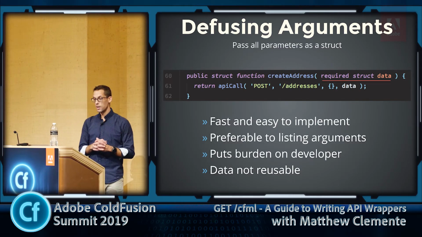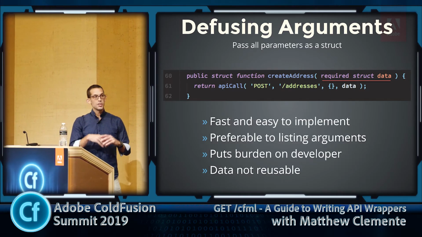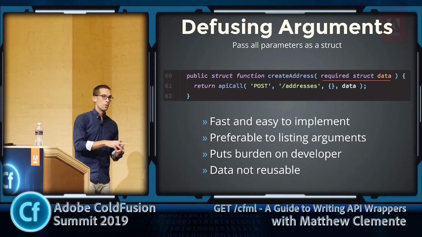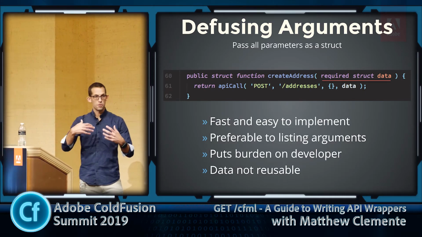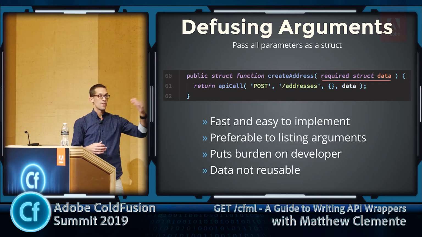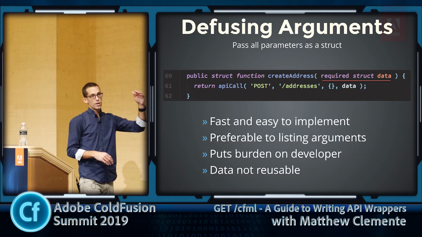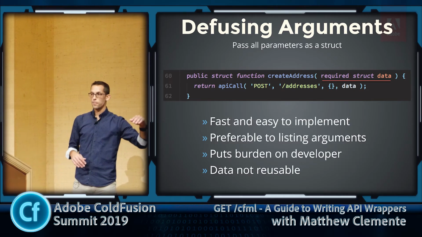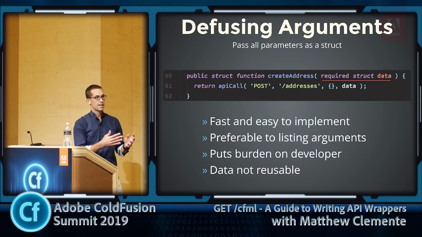The quickest way to address it is when there's that number of properties, just passing a struct. So there's a struct that the developers who are using your API, or you who are using your API, need to put together themselves of the various things. So for Lob, it would be address, street, city, state, zip, and they just put together that struct and they pass it in, and you pass that on to the API.